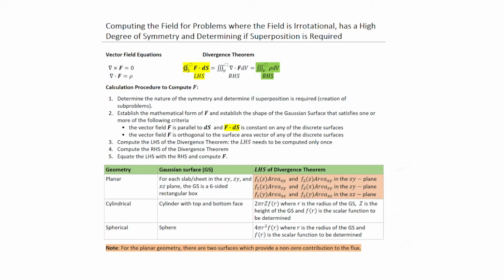First, you have to find the field external to the planar geometry, and because of symmetry, the field on one side and the field on the other side are the same, so you're only computing one value. Once you know the field on one side, then you can compute the field on the inside, because one surface field is known and the other surface is the one that you're trying to calculate, which is the surface interior to the object, particularly if you're dealing with a slab.